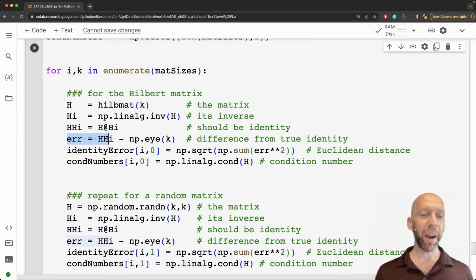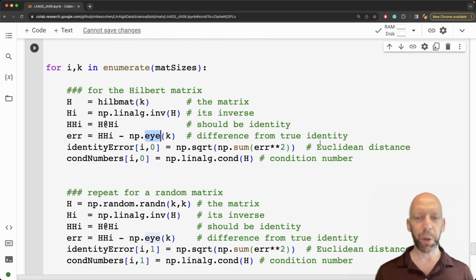Here I call this the error matrix, that is this matrix product here, which should be the identity matrix, minus the identity matrix given by the eye function. And of course, you could also just create this as a diagonal matrix with ones in the diagonal.